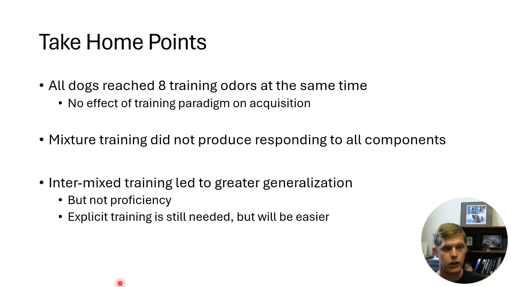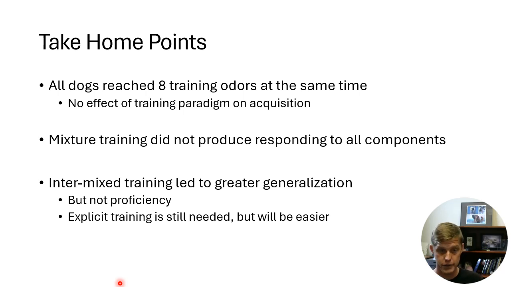So the overall take-home points are that all the dogs reached all 8 training odors in both experiments at the same time. We didn't have a training paradigm effect on acquisition or learning speed. Our mixture training did not produce responding to all components. With our cross explosives, we primarily got responding to C4 and a little bit to det cord.